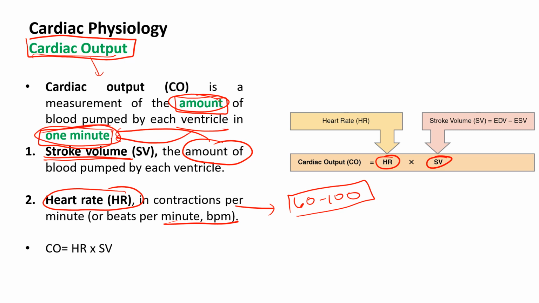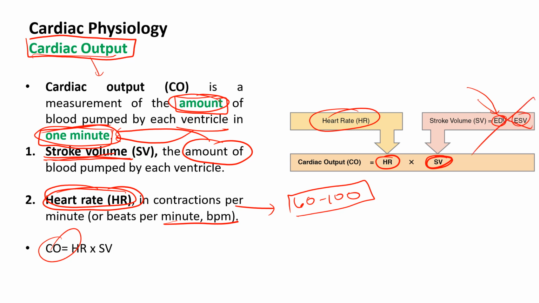And remember that in a whole minute, you're going to have a bunch of contractions, and the amount of blood that gets pumped each contraction plus how many times in a minute, that is what's going to determine the cardiac output. So you can see here heart rate, the stroke volume is determined by the end diastolic volume minus the end systolic volume. Don't worry about that.